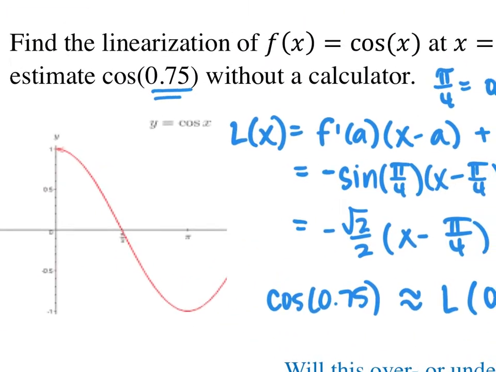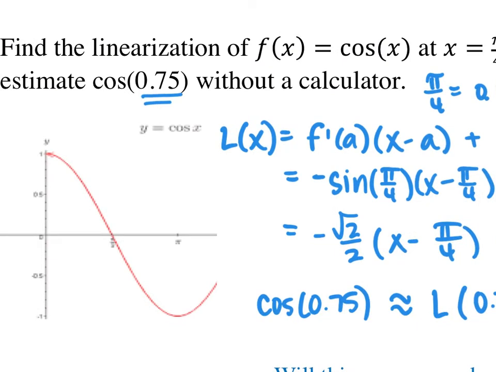Now, is this an over or an underestimate of the actual value? Well, looking at where the tangent line would come, tangent line is going to come down, skim through that common point with a common slope. Now, 0.75 is less than pi fourths, just by a tiny bit. But it is less than, and so it is going to be on the negative concave side of the curve.